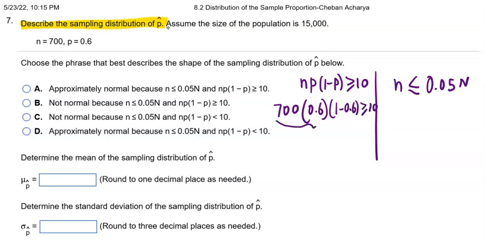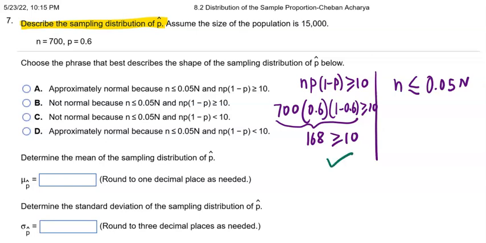If you put this in the calculator and simplify, you get 168, which is greater than or equal to 10. So the first criteria for the sampling distribution of the sample proportion to be normal is satisfied.